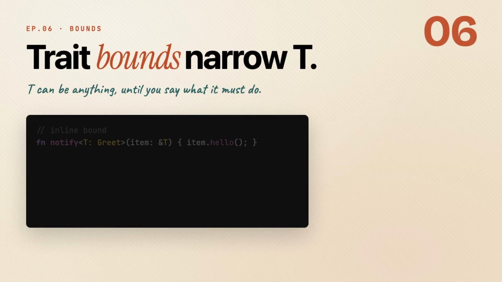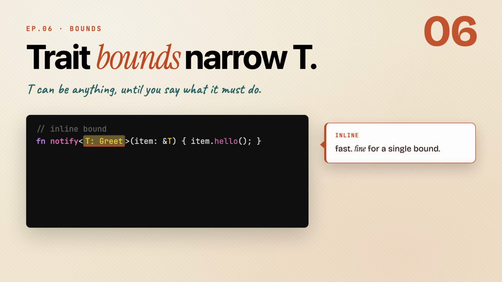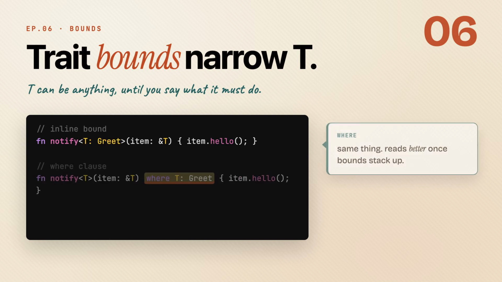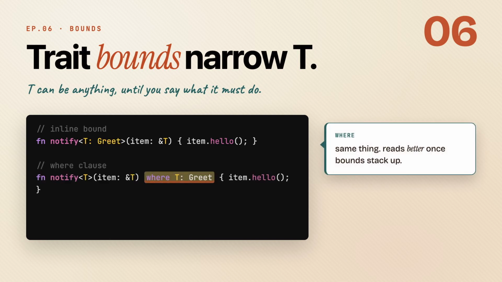Now, let's get back to generics again, but with a new power, a bound. The T can be any type, but the moment your function calls hello on it, you have to promise that T can Greet. So you write that promise inline. It's the same promise written a second way, with a where clause after the signature.